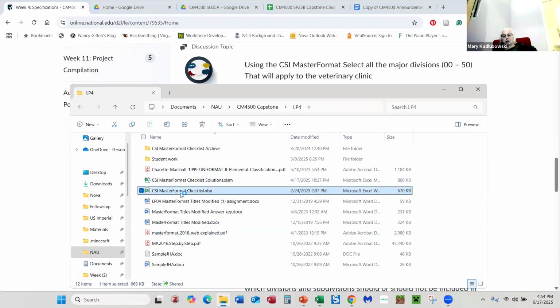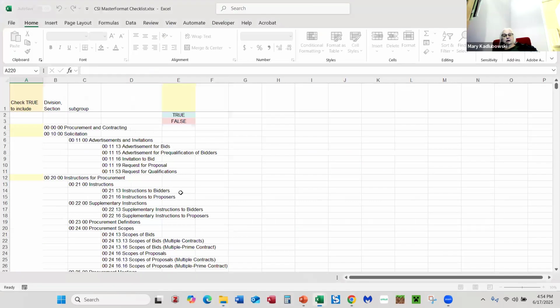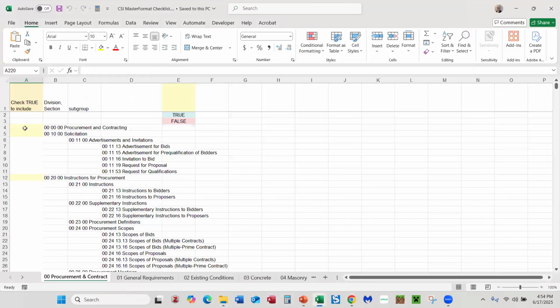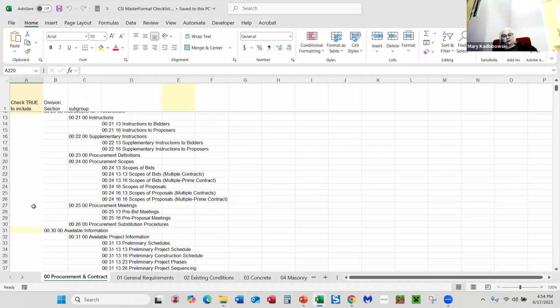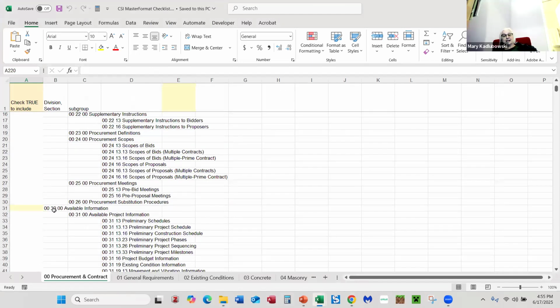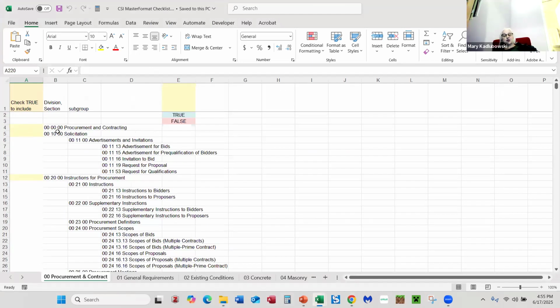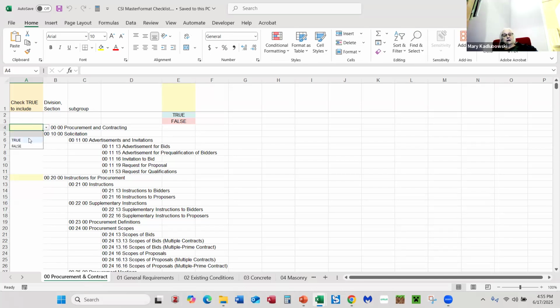Okay, so this is what you will get. I believe I have gone through and highlighted in yellow. You're going by tens. So you've got 0, which is procurement and contracts. Does it apply? You're going to say yes or no. If it's no, obviously nothing will apply, but if it's yes, instructions for procurement, are you going to need that?